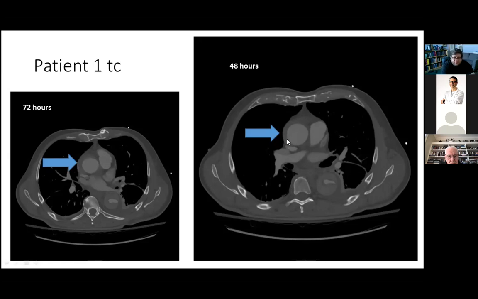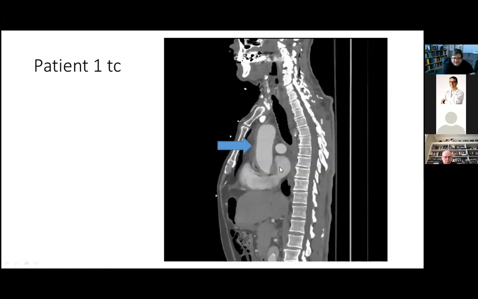At this point, we did not intervene, but at 72 hours we repeated the scan. I'll emphasize, imaging is critical in the management of these patients. Subsequent scanning at 72 hours demonstrated an increase in size of this intramural hematoma, which you can appreciate here. This is just another view of the ascending aorta, demonstrating the hematoma.